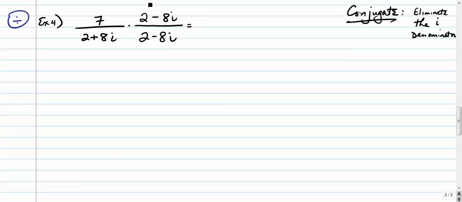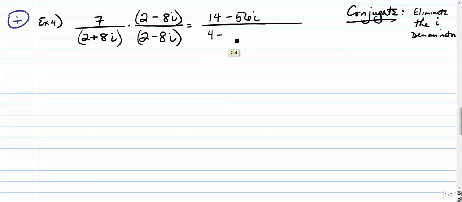Let's see if it worked. We're going to distribute 7 into this binomial, so it's 14 minus 56i. The bottom foils, so let's see what it looks like. We have first times first. If you want to put these in parentheses, it might help you. First times first is 4. Outside is 16i.